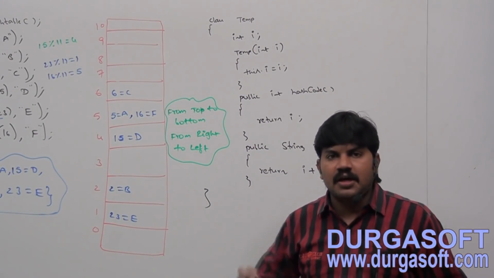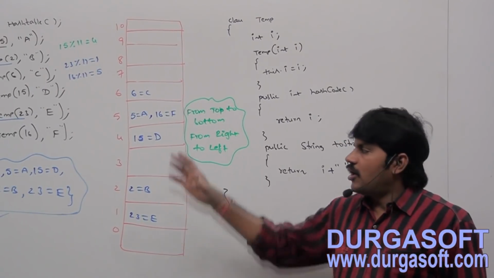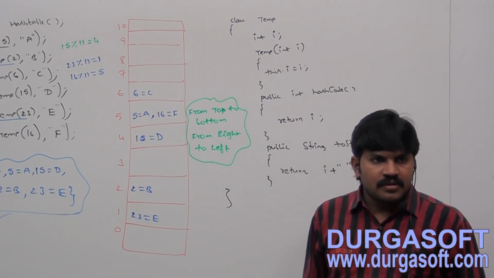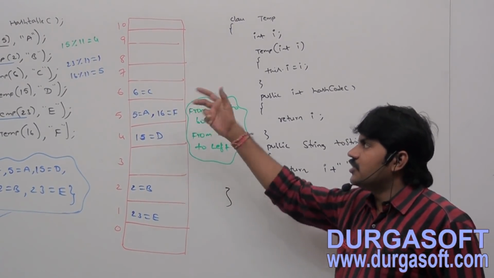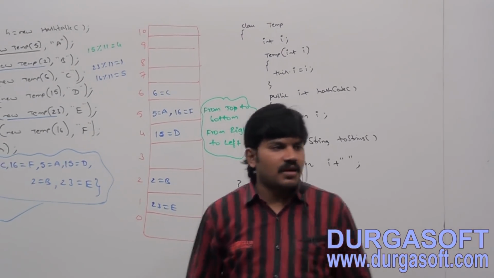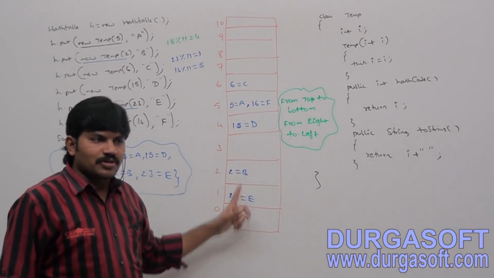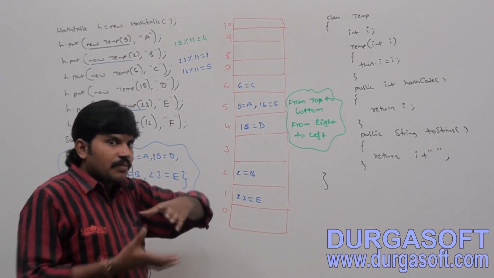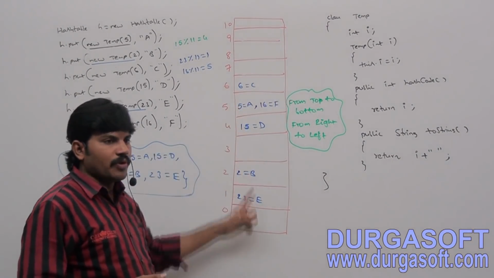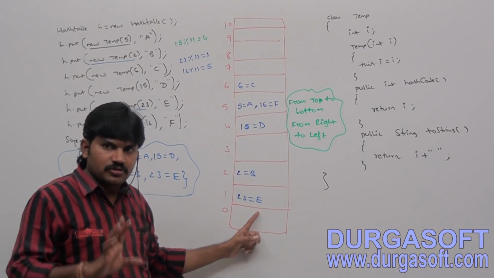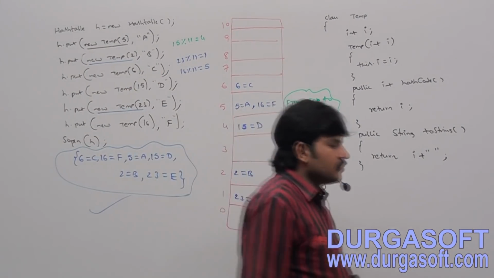Just the basic idea: based on hash code, the objects will be stored internally. Suppose if I change the initial capacity from 11 to 25 or 30, automatically this output will be changed, because the number of buckets rose. I will show that variation also. First take this program.